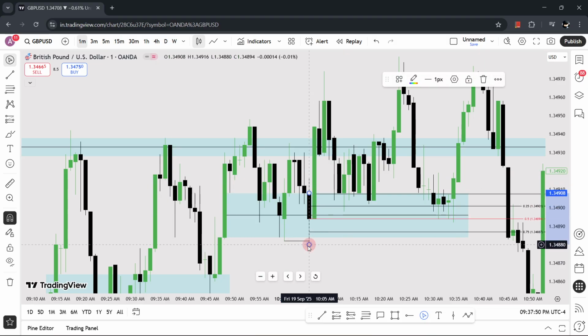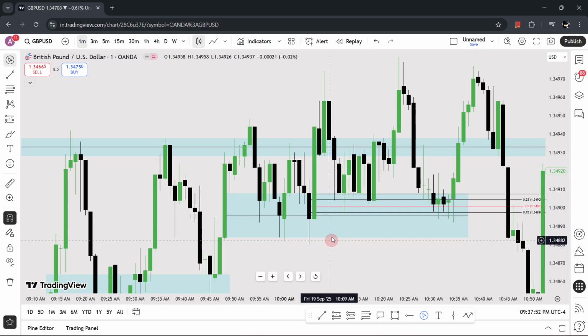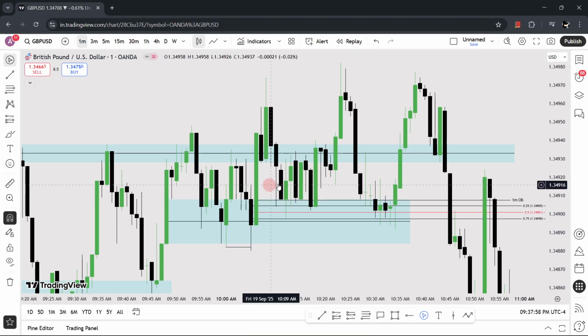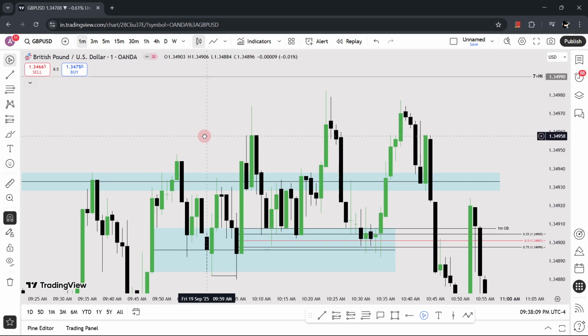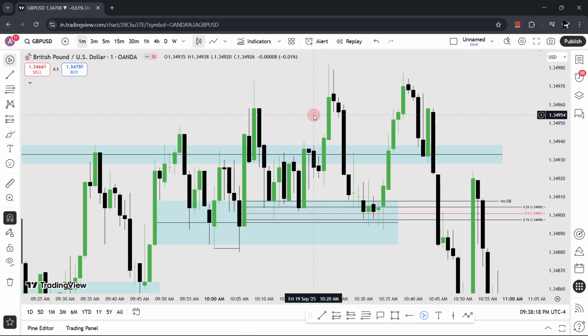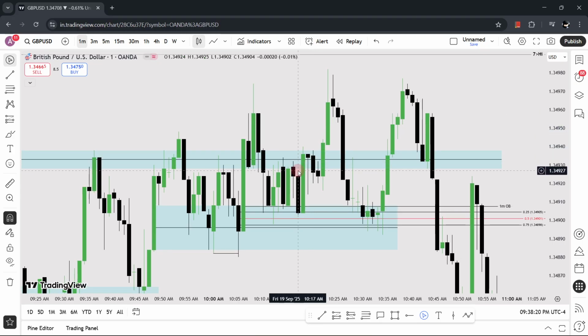I am particularly taking this body because the body tells the story. Look how beautifully the 0.25 level was respected for this particular order block to make the price go higher above this high. That was a really, really good trade.